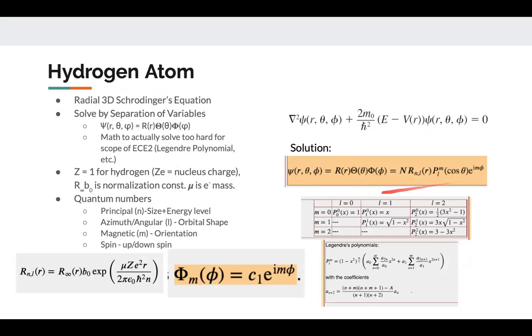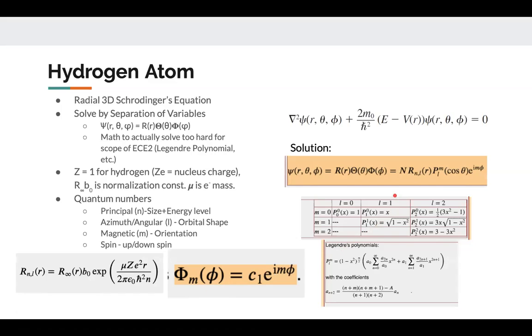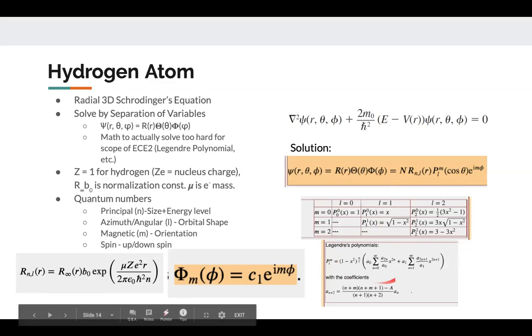Basically, the radial part is described by this equation. The part from 0 to pi is called the zenith angle, and that is described by something called a Legendre polynomial.